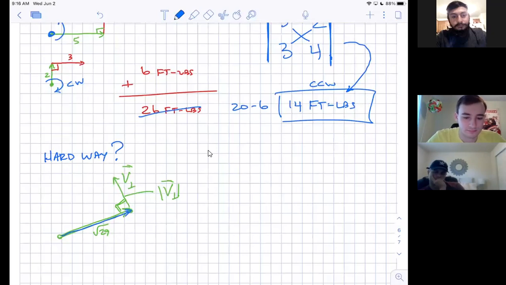That's our distance. But the problem now is we need this length, because that's a force. So the length would be the perpendicular value. So how are we going to get that? You see what I'm saying? How are we going to figure out what that is?